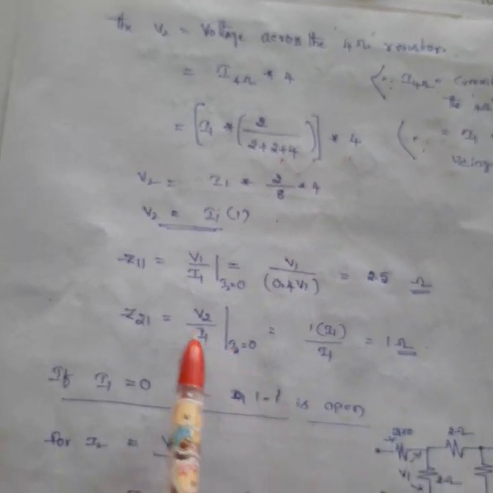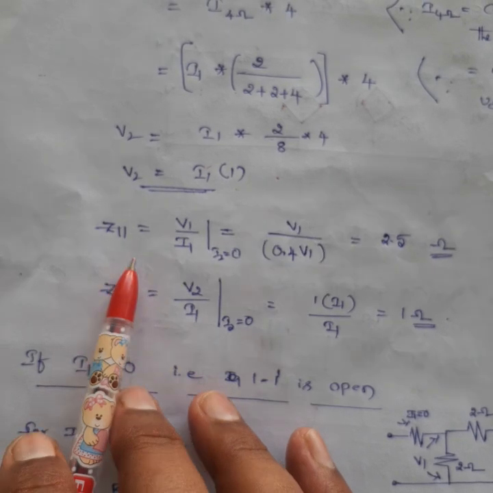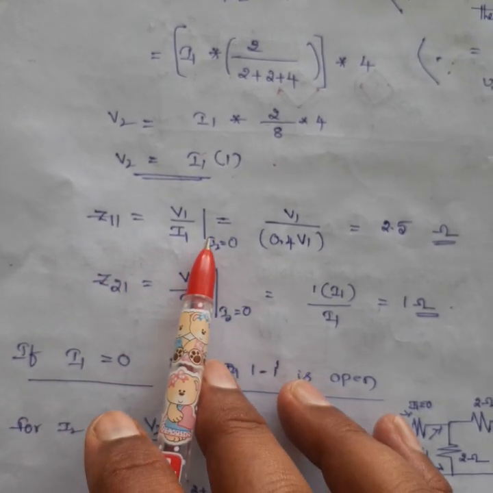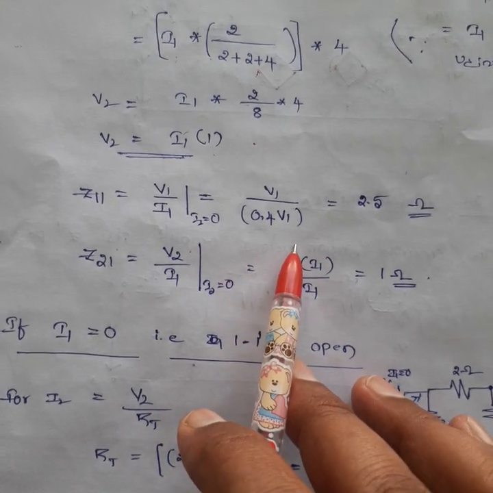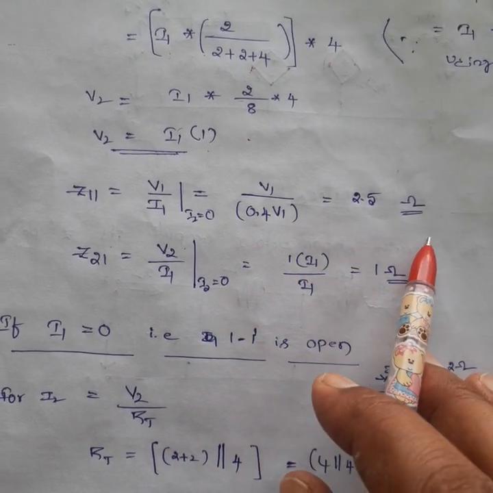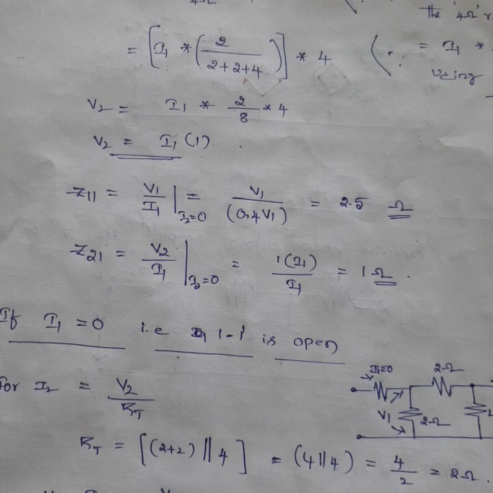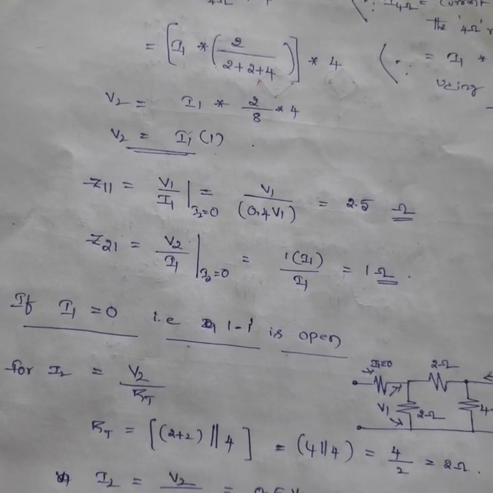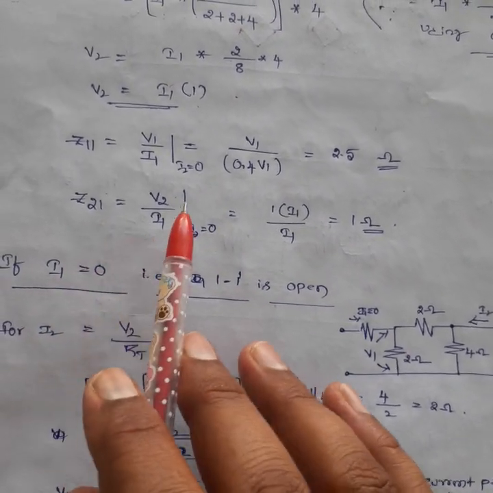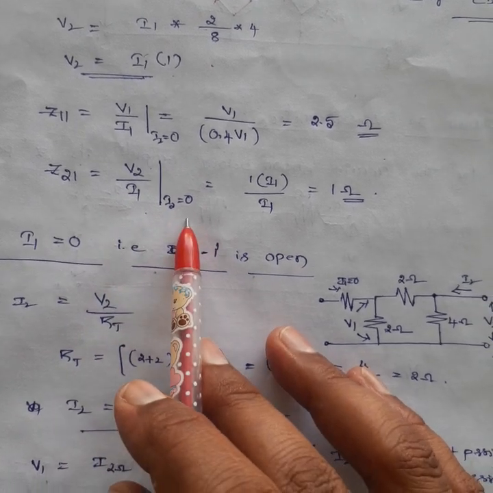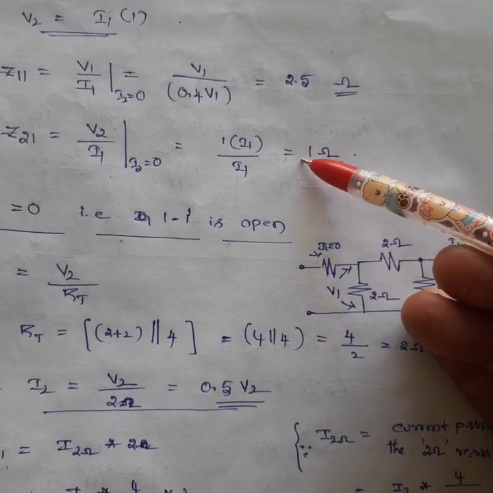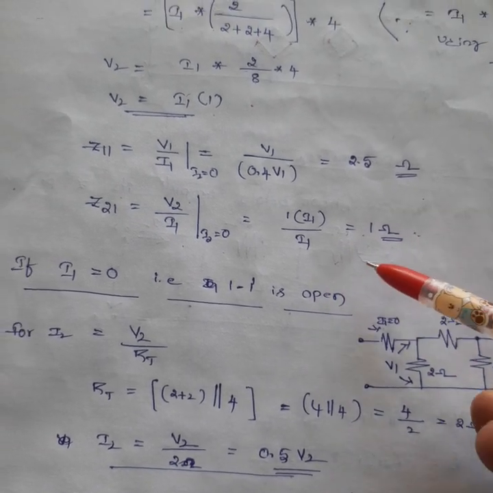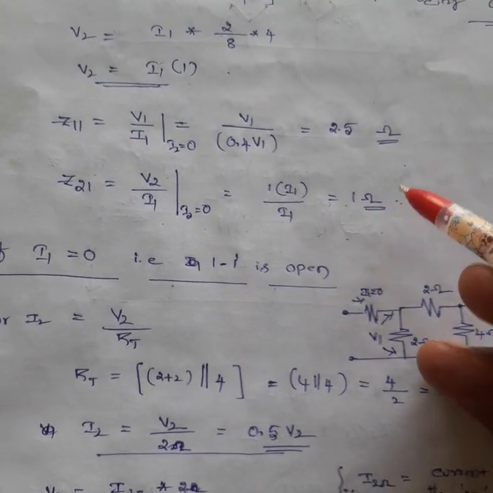Therefore, from figure A, Z11 equals V1 by I1, that equals V1 by 0.4 V1, that equals 2.5 ohms. V by I is the impedance, and the unit is ohms. Similarly, Z21 equals V2 by I1 at I2 equals 0. Substituting the values, V2 in terms of I1 is 1. So here we get two values.